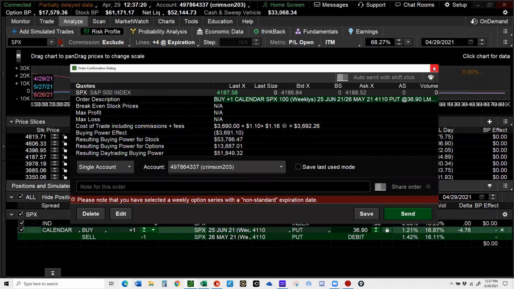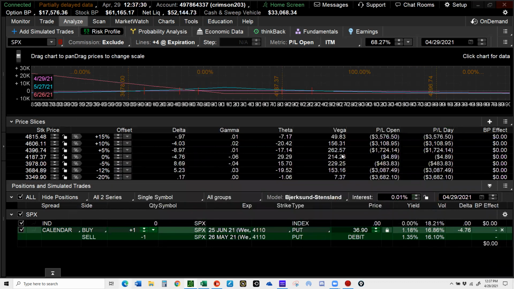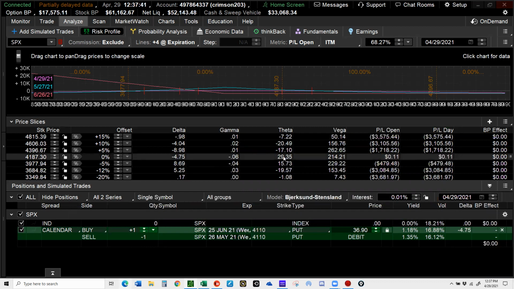You could buy a calendar in SPY or something that's less, and what would probably be $369 for you to do that. Of course, you're not going to get as much positive vega and as much theta and as much negative delta, but you'll probably get -4 actual SPY deltas and a little bit of positive theta and a little bit of positive vega.